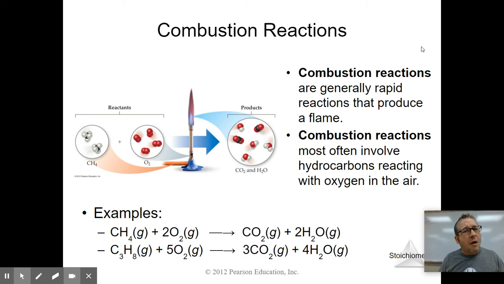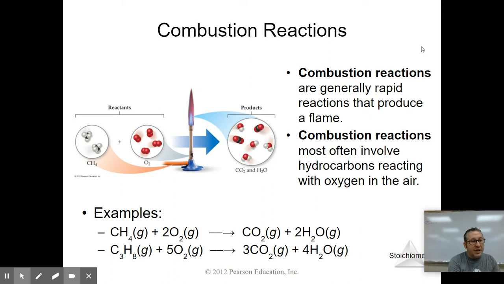So you don't see it that often or really at all in the summertime or the warm days, but when you get to colder months, you'll start noticing that. And that is all because of this type of reaction, because of hydrocarbons reacting with oxygen in the air, forming carbon dioxide and water vapor.